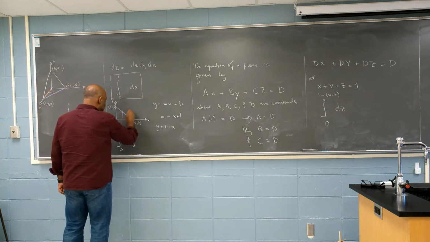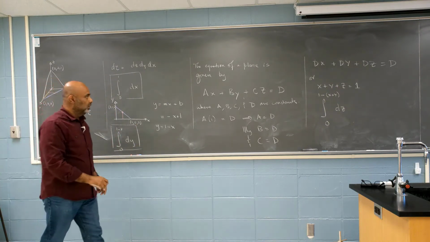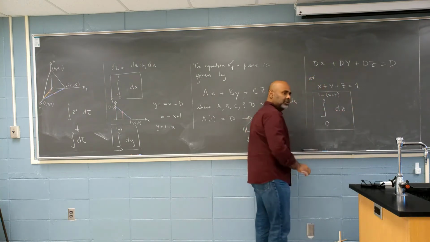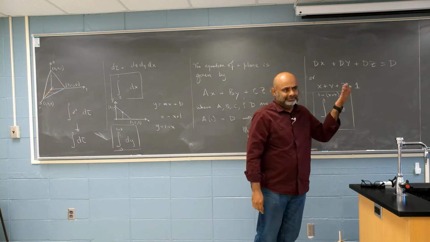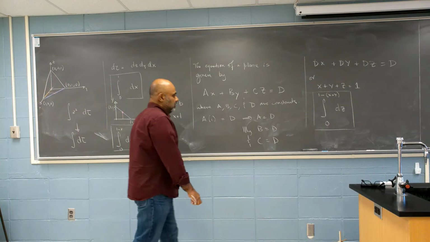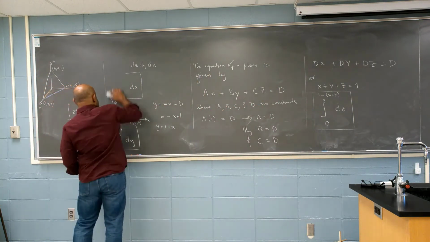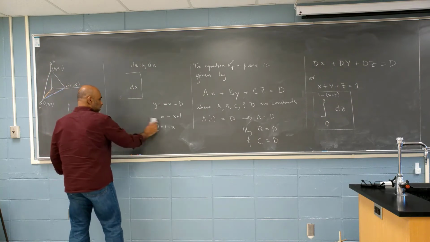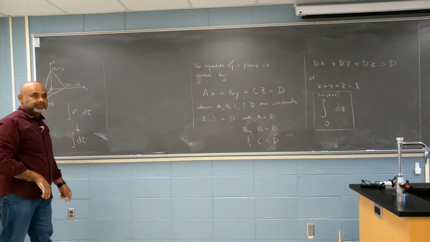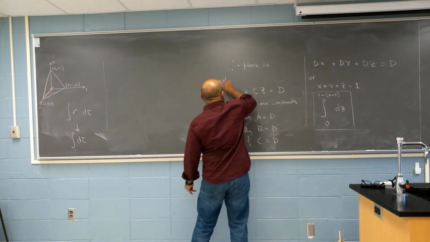Make sure, because I chose x as my independent variable, these are the limits I get. I could have picked y as the independent variable, or z as the independent variable. Just a creature of habit. So literally what I'm doing is finding the volume of the sucker.